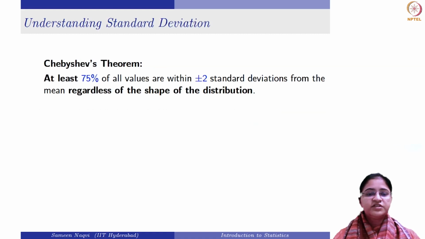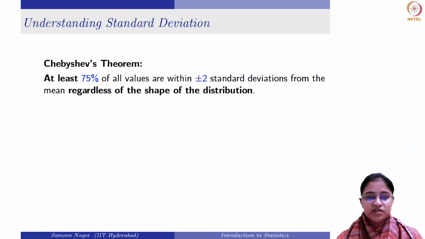At least 75% of all the values would lie between plus minus 2 standard deviations from the mean, regardless of the shape of the distribution. So whatever the shape of the distribution, if you look at mu minus 2 sigma and mu plus 2 sigma, then 75% of the observations would lie between these 2 points.